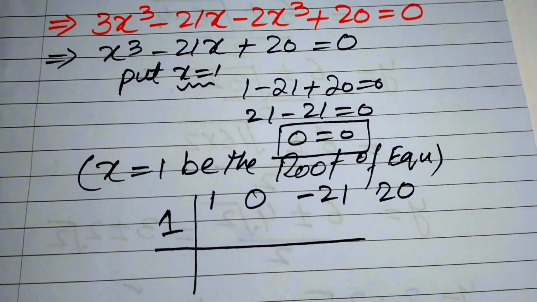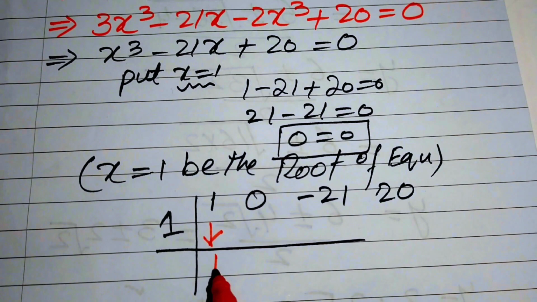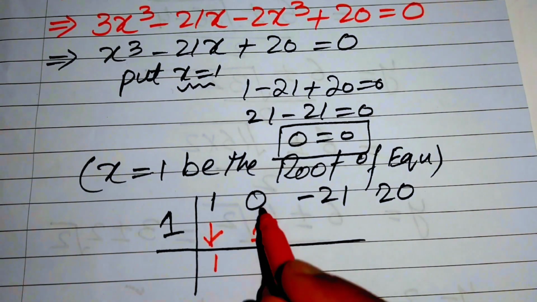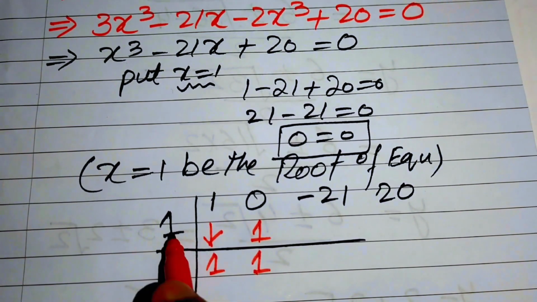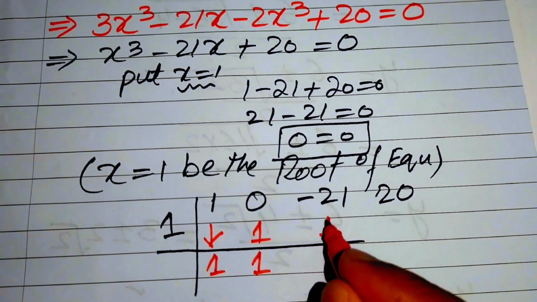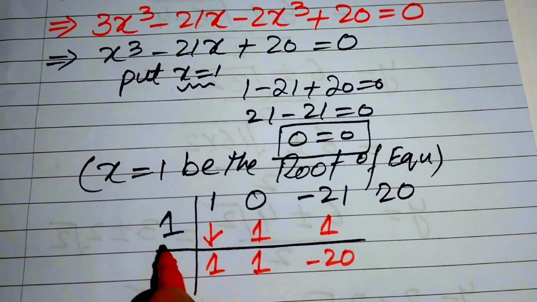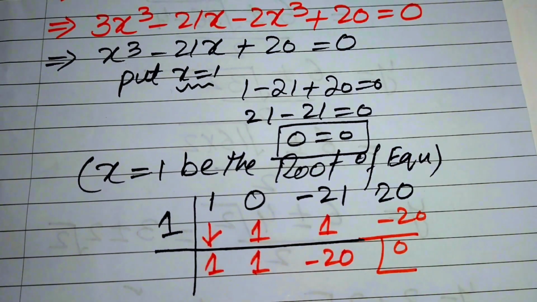So here first we write this 1 as it is, and we multiply this 1 by 1 and you get 1, and we add these two, 0 plus 1 becomes 1, and we multiply this 1 by 1 and you get 1, and −21 plus 1 becomes −20, and −20 plus 20 is 0, and here you get the remainder is 0.